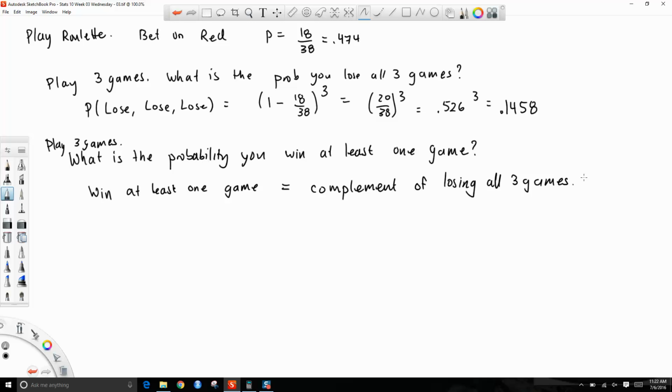Because if you think about it, there are only 2 possible scenarios if you're going to play the game 3 times. Let's say somebody says, I'm going to give you some money, you can play the game 3 times. There's only 2 possible scenarios: you win at least 1 time, or you lost all 3 times.